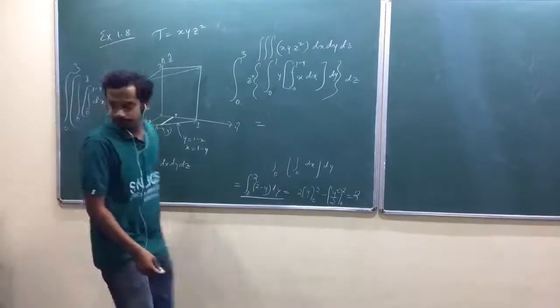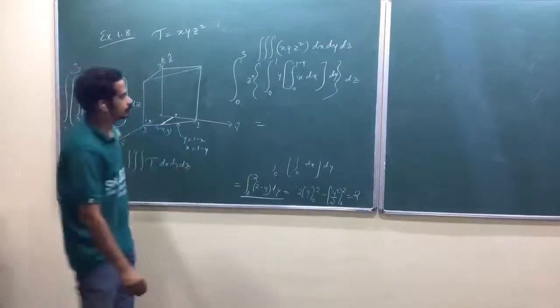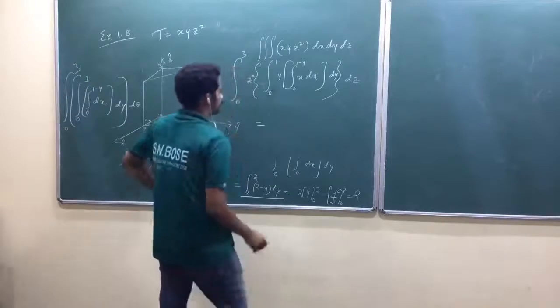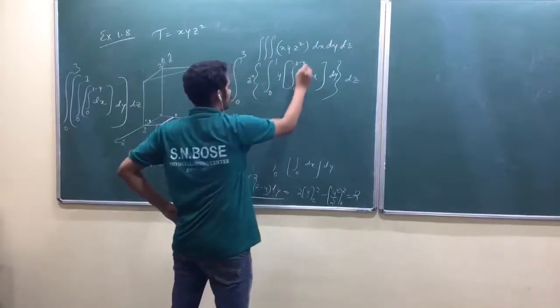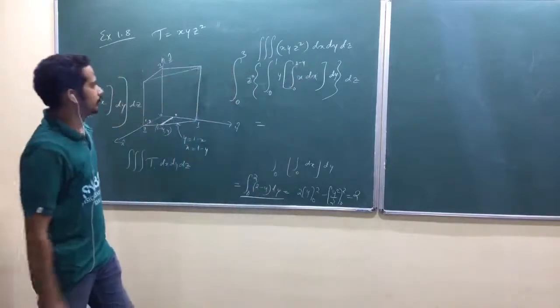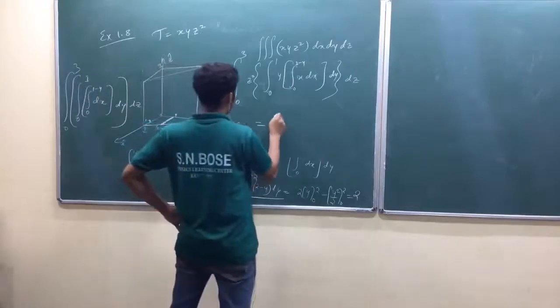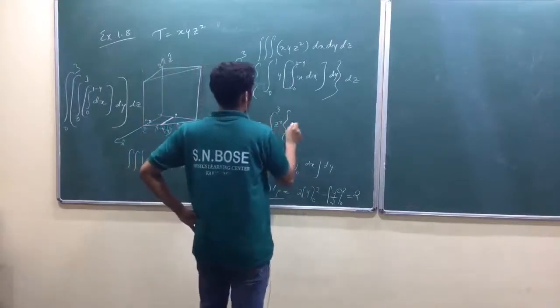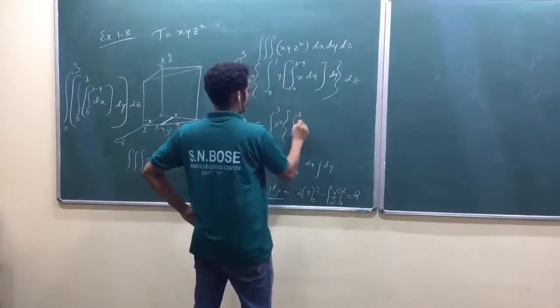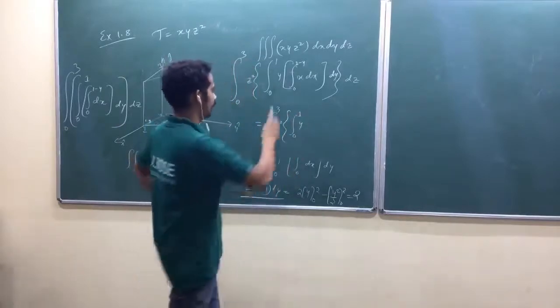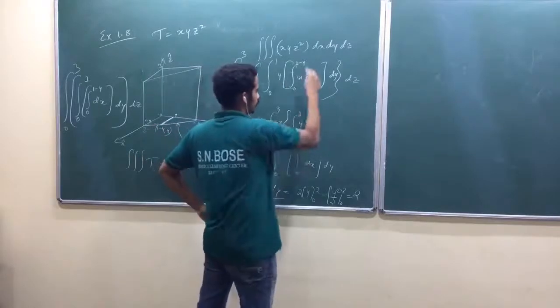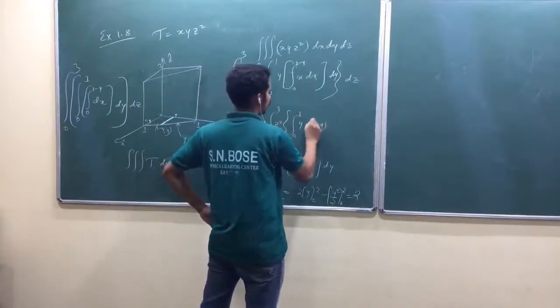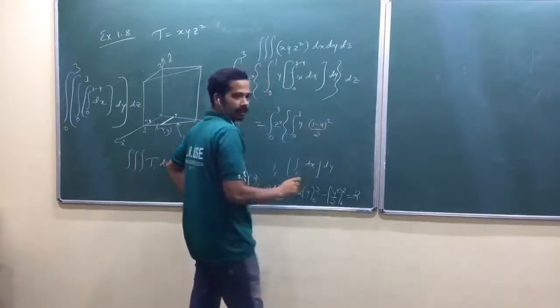So now, look here. Think over it again, okay. Just draw the diagram and think over it. So x will run from, let me write 0 to 3 z square, 0 to 1 y, what is this one? X square by 2. Can I write 1 minus y the whole square by 2 directly?